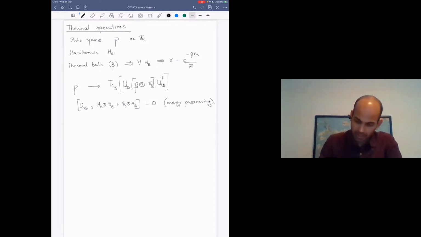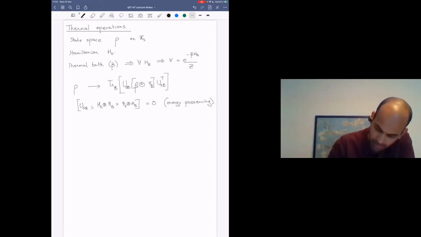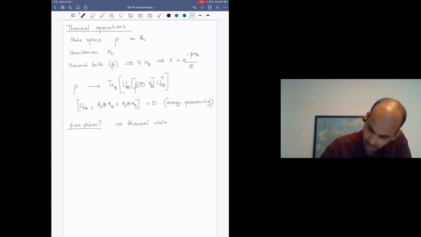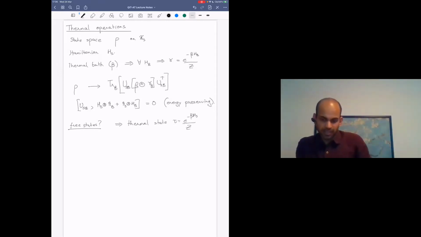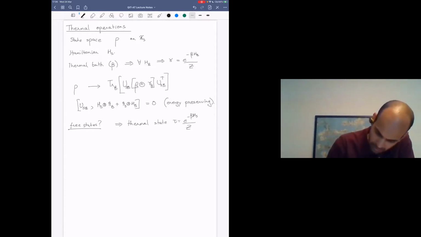Okay, so as with any resource theory, we ask a number of questions. So first we can ask, what are the free states? And these are thermal states, or the thermal state rather, tau is equal to e to the minus beta H_S upon Z. The reason you see that this is a free state is because imagine we have a unitary acting on system and bath on the following state, tau tensored gamma, U_SB daggered.